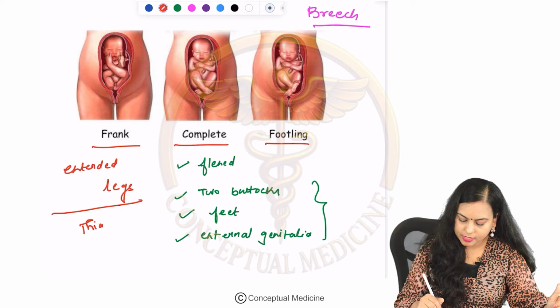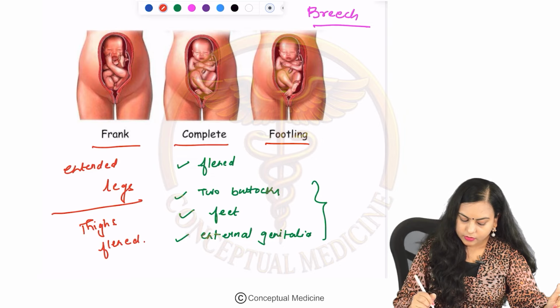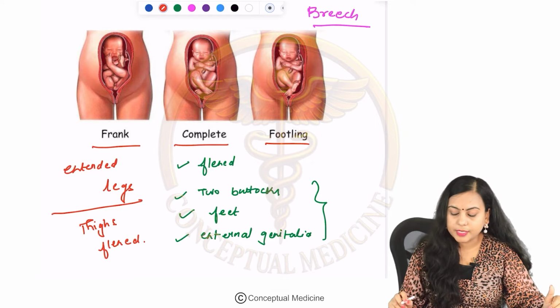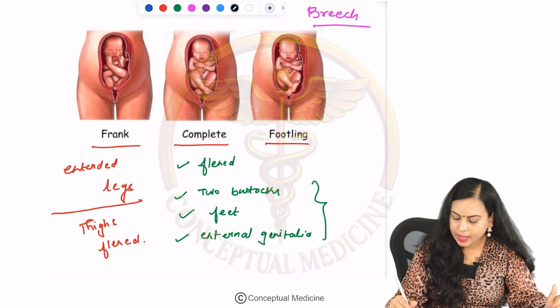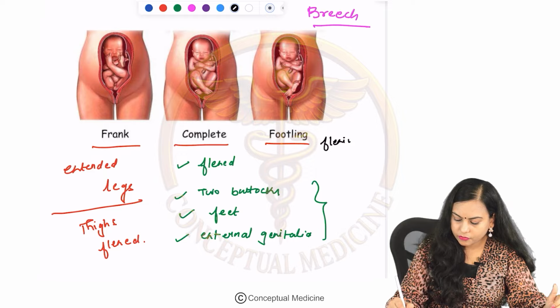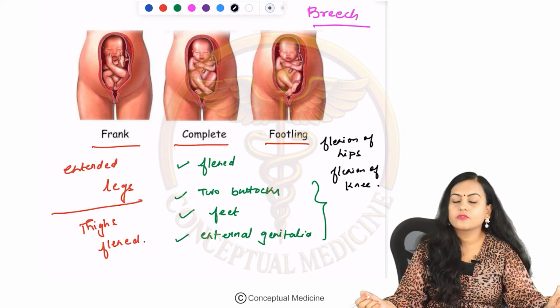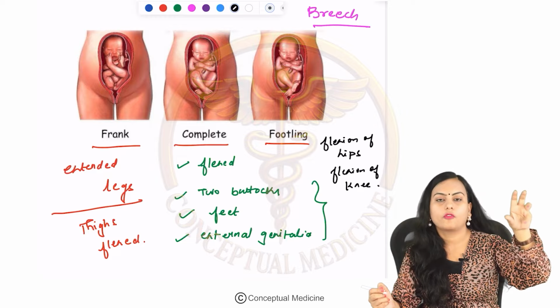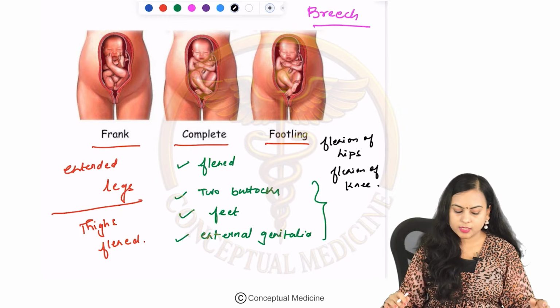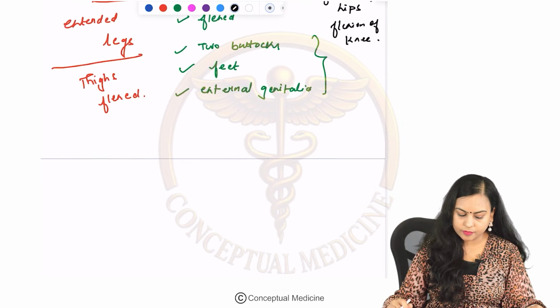So this is a frank breech, and this is footling breech, where you will have flexion of hips and flexion of knee as well. So, that is footling breech. While you do a PV, you will be able to hold the foot of the baby, right.